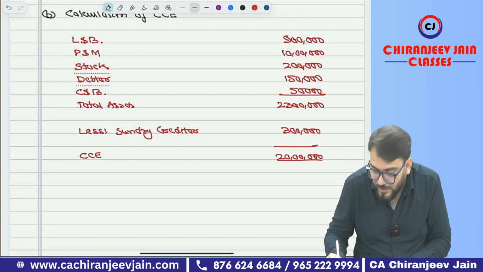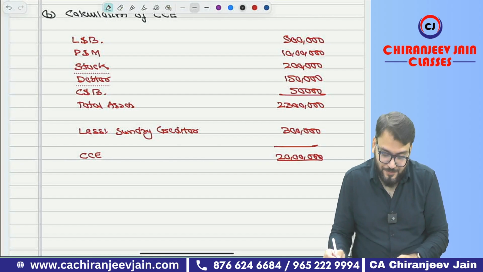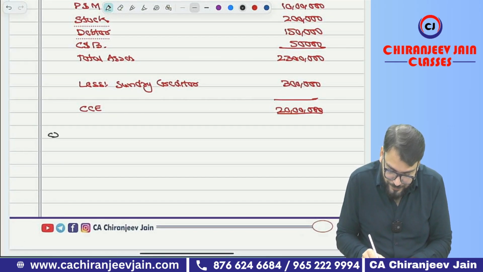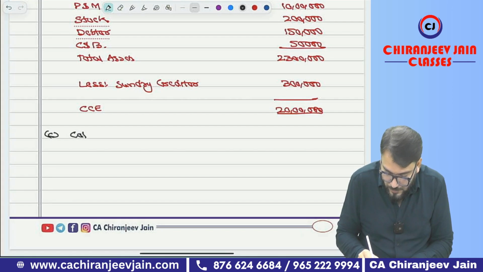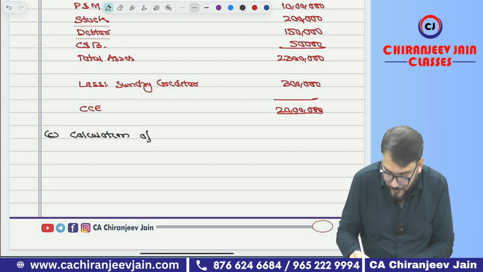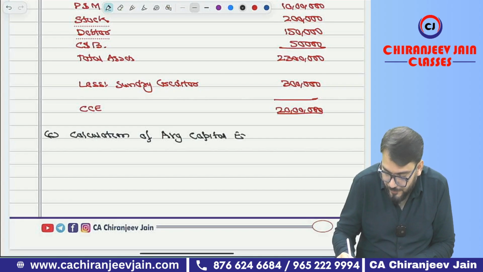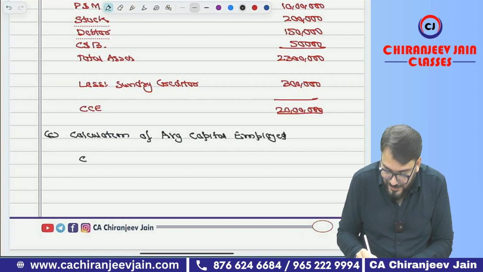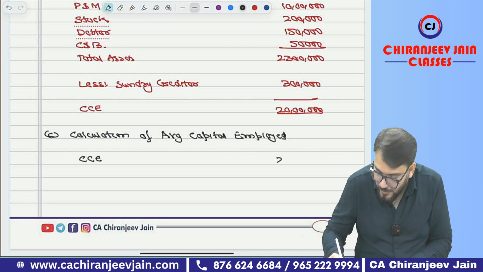Now we need to convert closing capital employed into average capital employed. So point number C: calculation of average capital employed. We'll start with closing capital employed equal to 20 lakh.